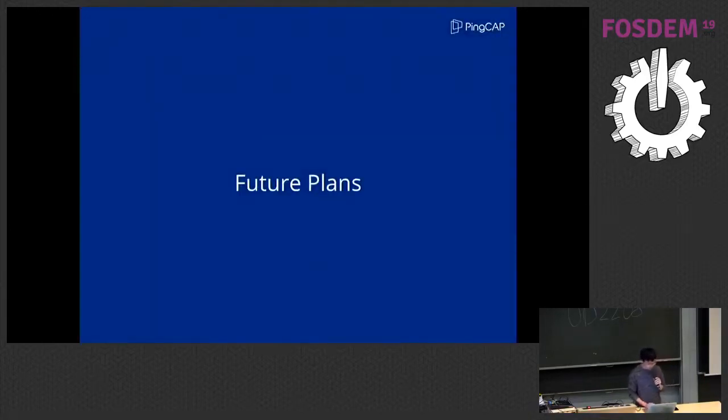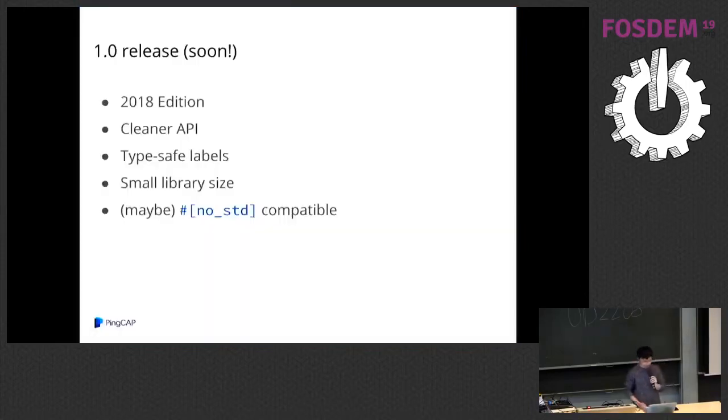So finally, let me talk about some future plans of this library. Currently, this library is not 1.0. It's just 0.5 or 6, I don't remember. But anyway, it's not 1.0. But we are planning for the 1.0 release.